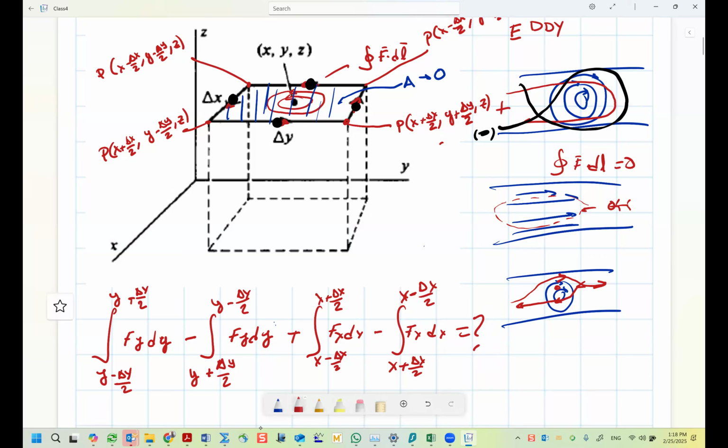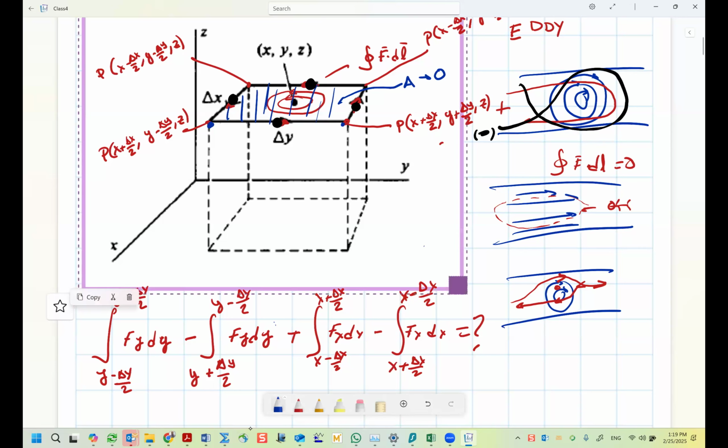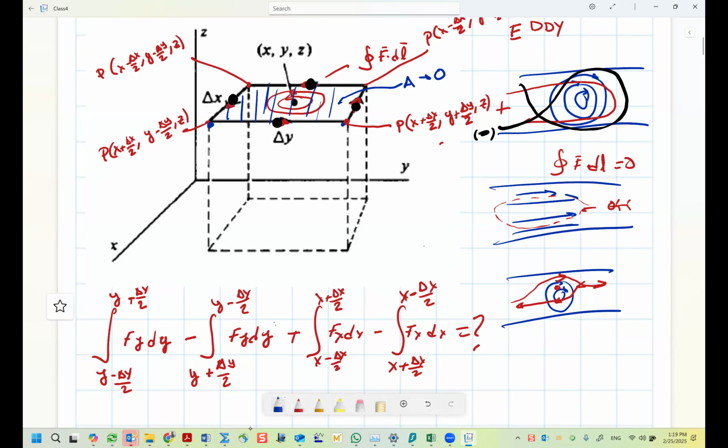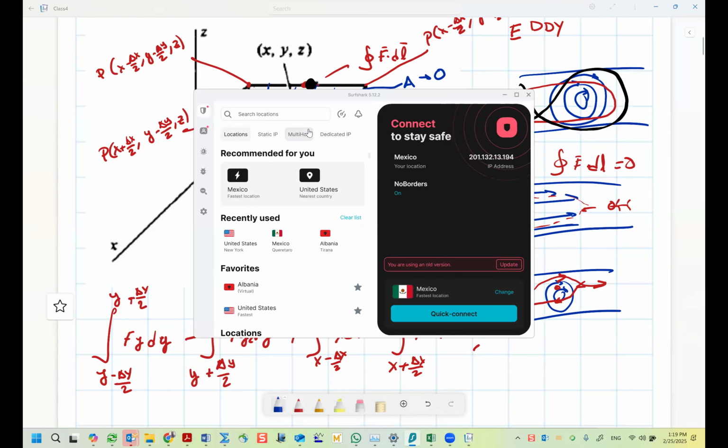So let's look at the first integral. The first integral is integrating from this point to this point, right? So we have delta x. This is the flux, fy dy.